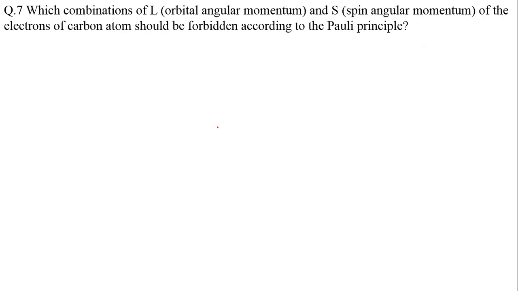The question is, which combinations of L, that is orbital angular momentum, and S, spin angular momentum, of the electrons of carbon atom should be forbidden according to Pauli's principle? So, can anyone tell me what is Pauli's principle?